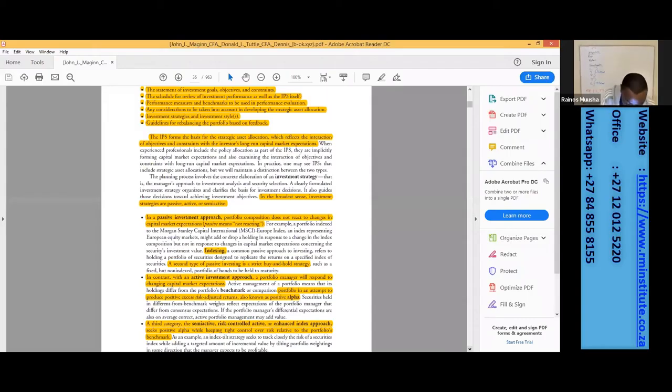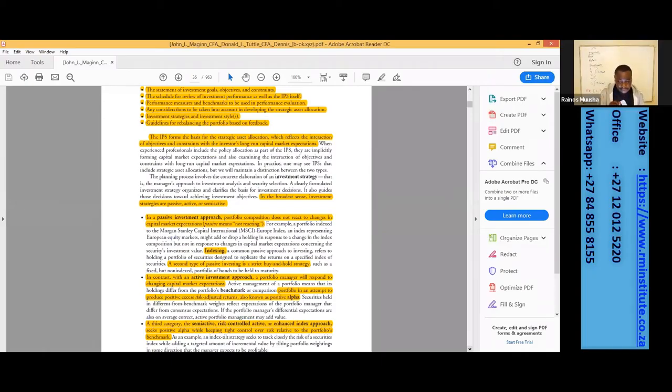And with indexing, this is where the portfolio manager tries to create their own portfolio which mimics a particular index. Like for example, if you check on the JSE, we have what we call the all-share index, right? So the all-share index shows you the weighted average performance of the securities which are listed on the JSE as well, right? Which is basically shares.